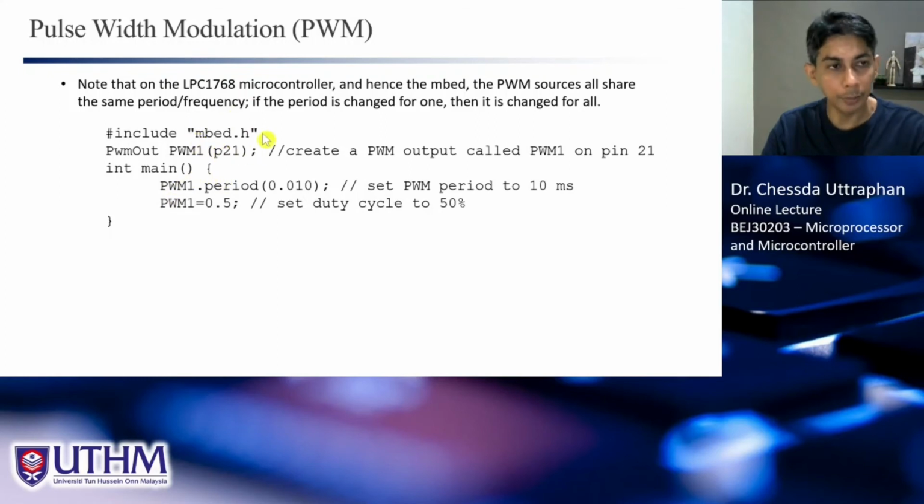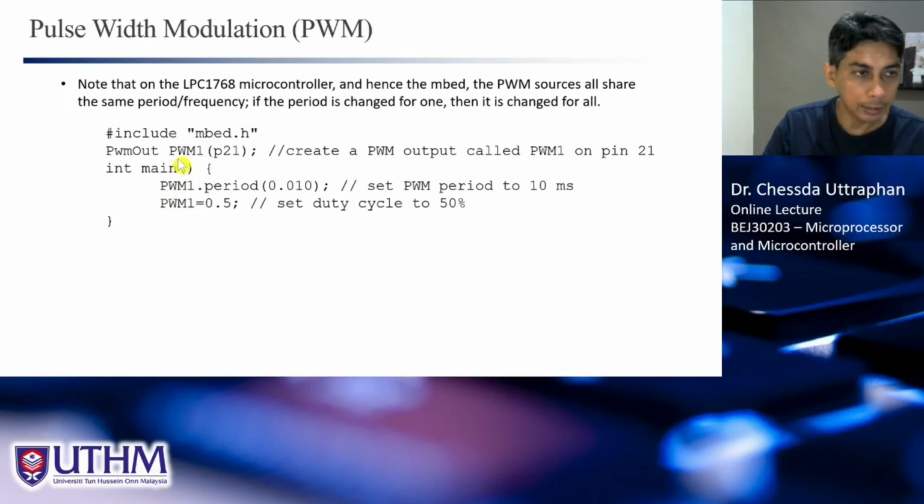If you don't have the mbed API, for example in the previous example where we didn't use the API, the process is quite complicated, where we need the control register that is used to do the setting to create the PWM signal. But by using the mbed API, we can use this function straight away, PwmOut, and to set the period it is this PWM1, the name of the PWM. This can be any name, remember.